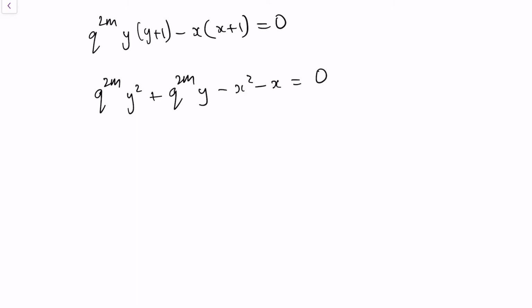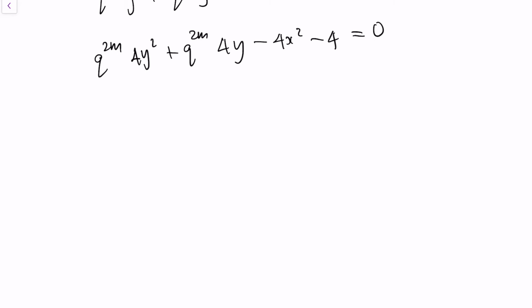Let's multiply everything by 4, so we have q to the 2m times 4y squared plus 4y, minus 4x squared minus 4x, is equal to 0. Notice that this is quite similar to 2y plus 1 squared, and this is similar to 2x plus 1 squared.